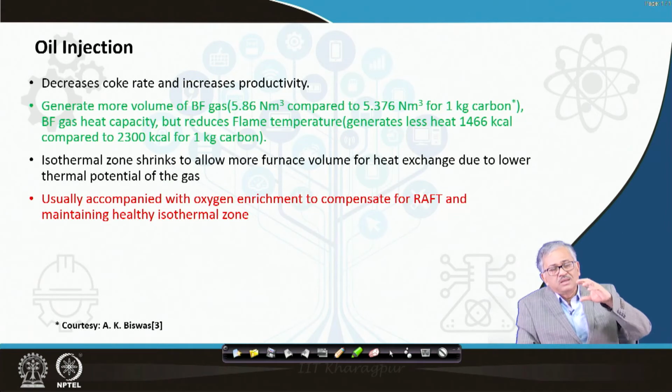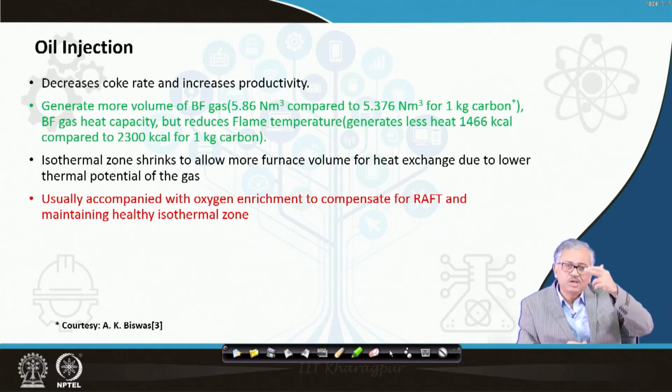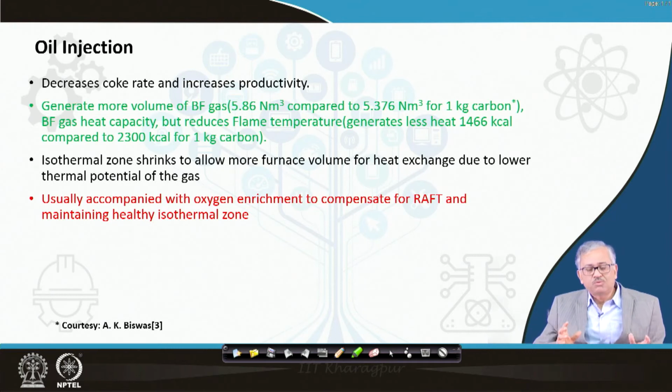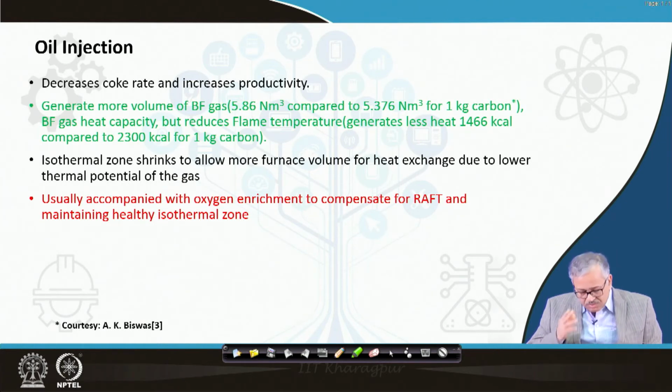So, basically in case of oil injection, the reverse phenomenon takes place: raft decreases and the heat capacity increases. So, if you use oil injection and do some amount of oxygen enrichment, then the decrease in raft caused by oil injection can be compensated by the oxygen enrichment.